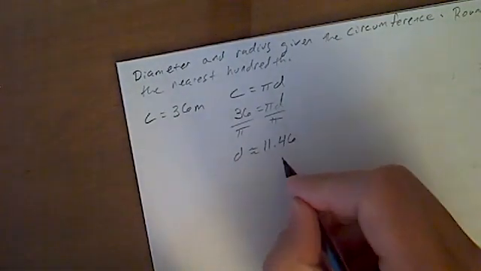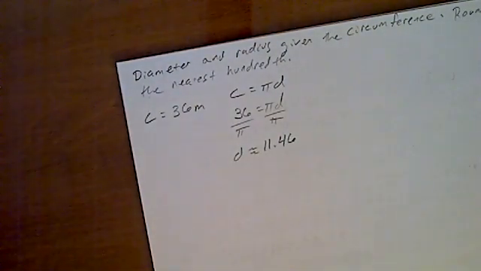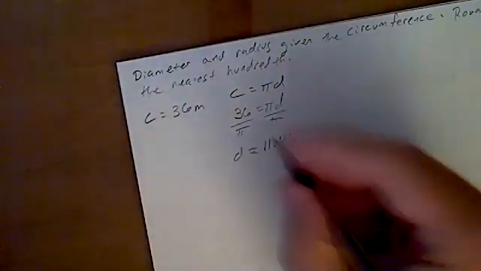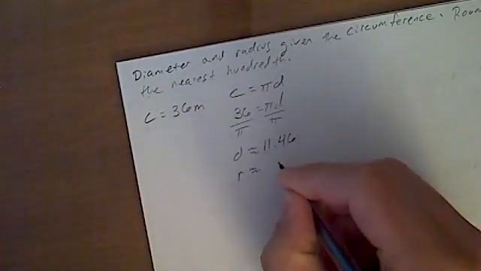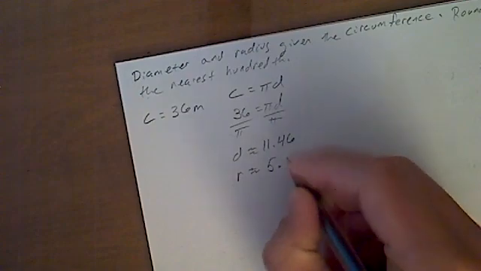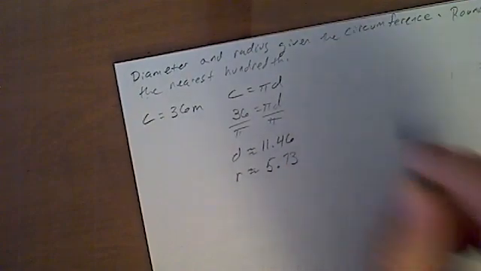And then we take half of that to find the radius, and we get about 5.73.